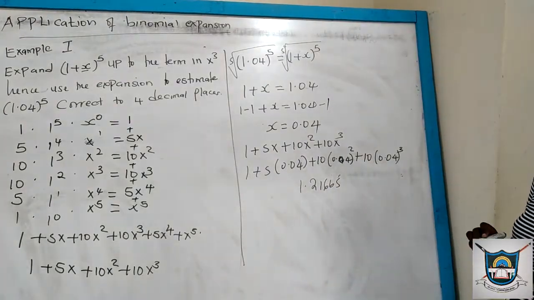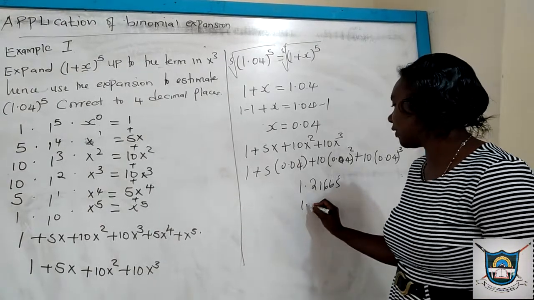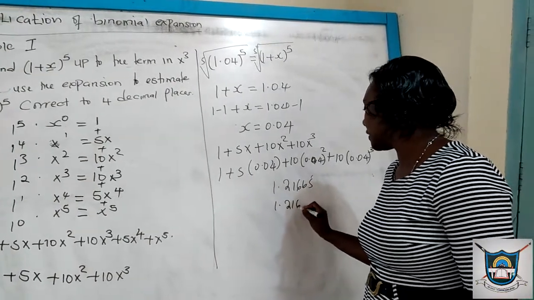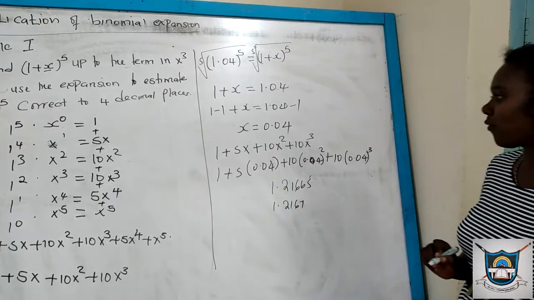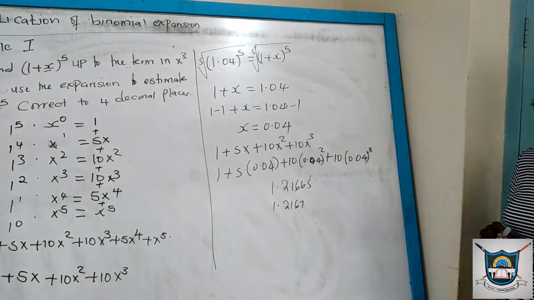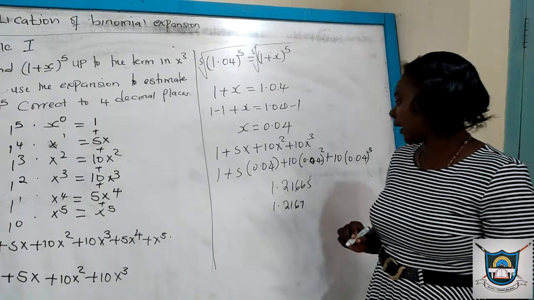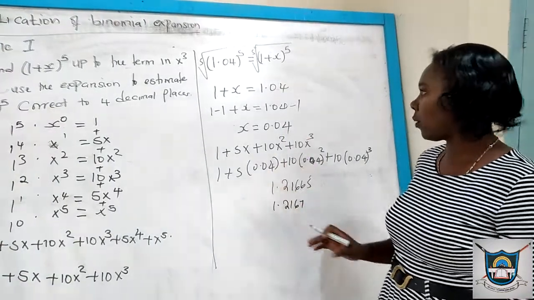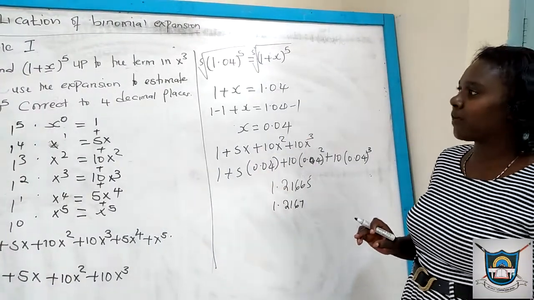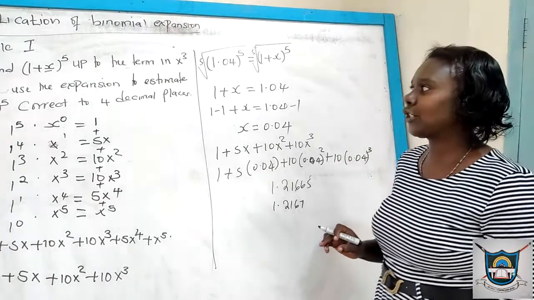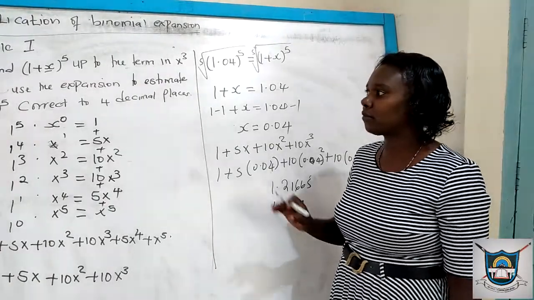And our question says correct to 4 decimal places. So to 4 decimal places it will be 1.2167. That is our first example, and that is how we deal with applying binomial expansion to solve equations or to deal with terms.